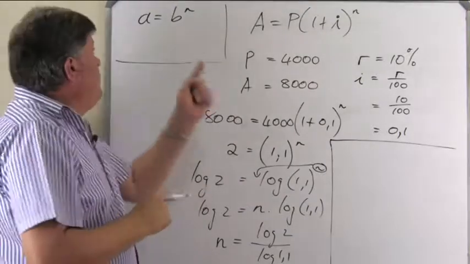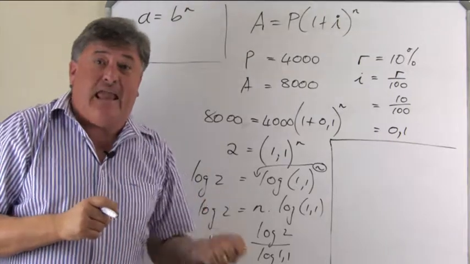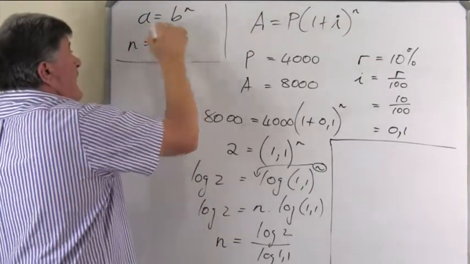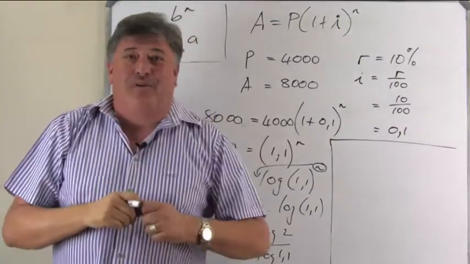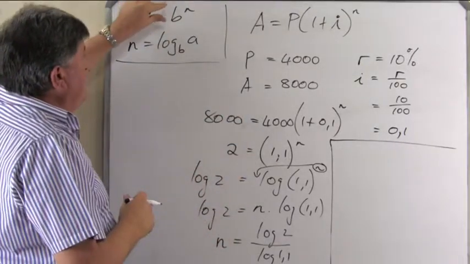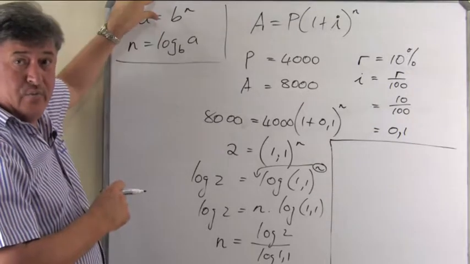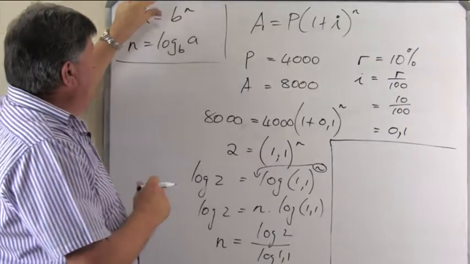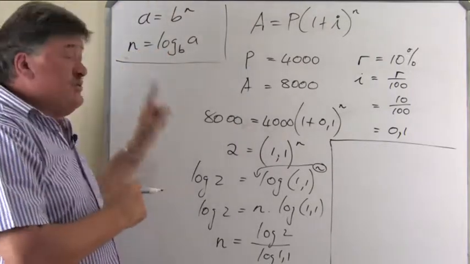If a is equal to b to the n, how do we find n? n is equal to the log of a with a base of b. That is called the log definition. That is to change an exponential equation to a log equation, or we can go backwards as well if need be. But for this discussion, we're going to change from an exponential equation to a log equation using this definition.